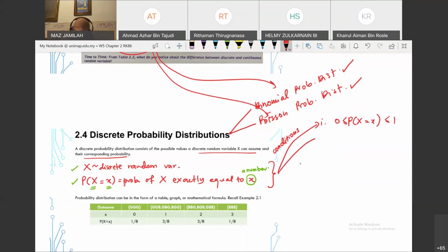The second condition is that the summation of all the probabilities, for x taking any value in the sample space, is 1. This is the characteristic or condition that should be fulfilled by a discrete probability distribution.